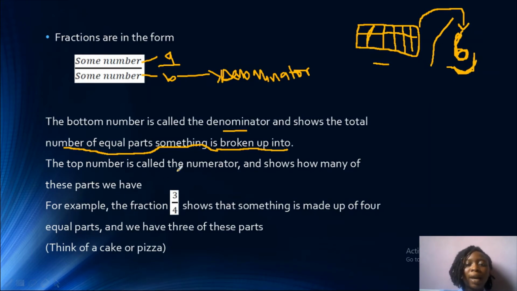And that is why I'll break this chocolate bar into 6 parts. So the 6 parts, my 6 siblings, become my denominator. Then the bottom number is called the denominator, and the top number is called the numerator.